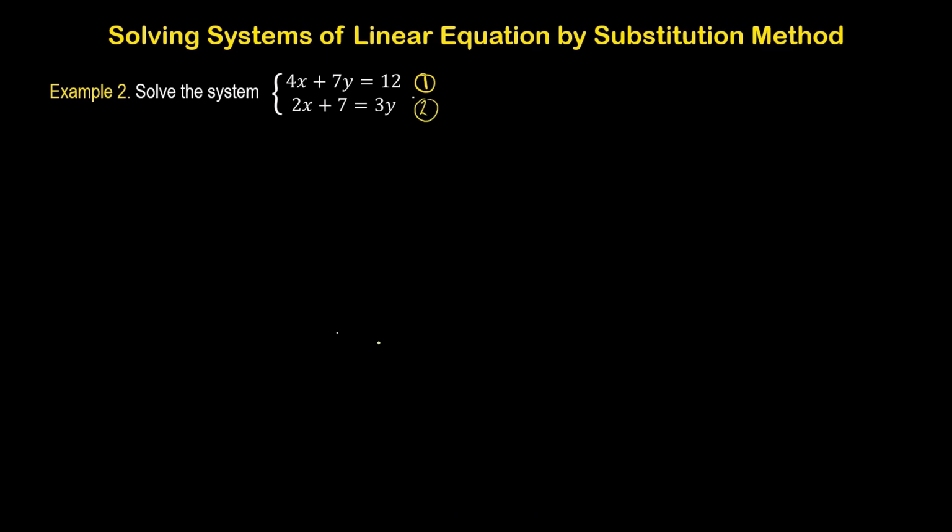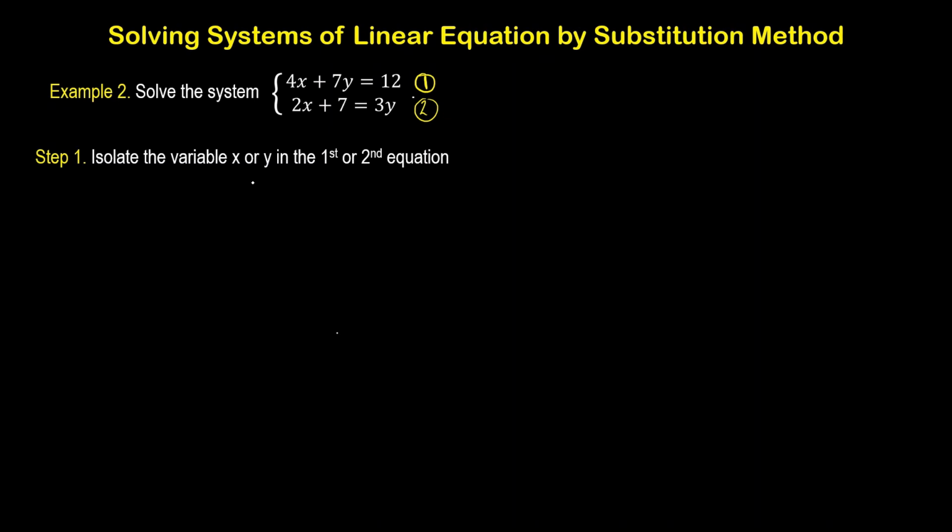Okay? Then, for our first step, again, we isolate the variable x or y in the first or second equation. So, again, dito sa first step, magpili tayo between the first and second equation kung saan ito yung magiging basis natin to isolate the variable x or the y.